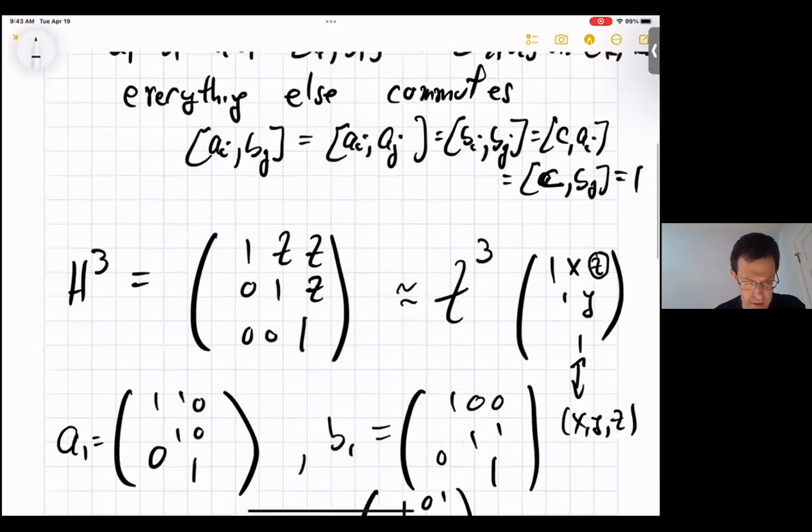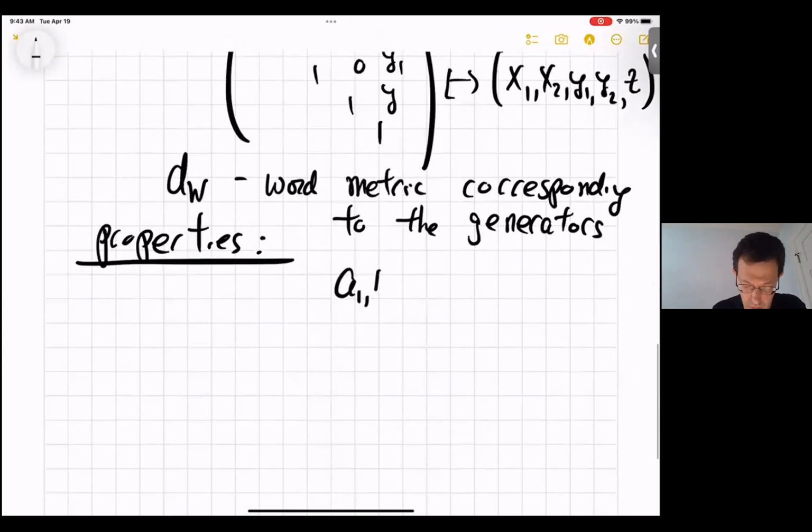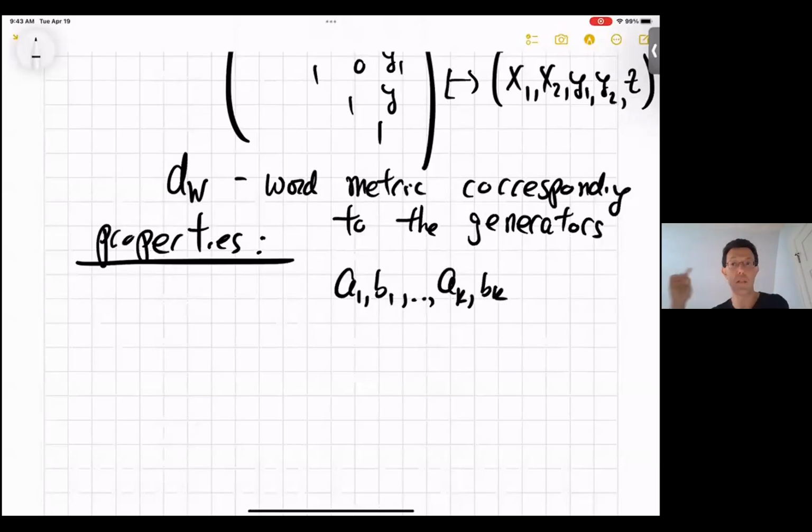How do they call them? A's, A and B? Yeah, so A1, B1, ..., AK, BK. Okay, the central element is the commutator, so I don't need to throw it into the generators. This is just to be concrete.